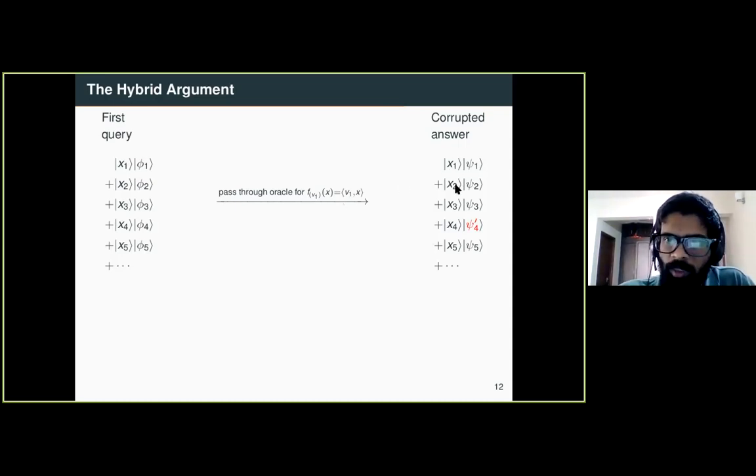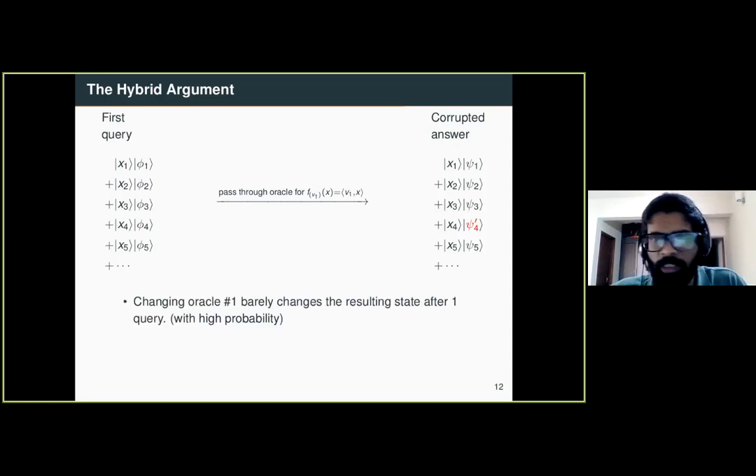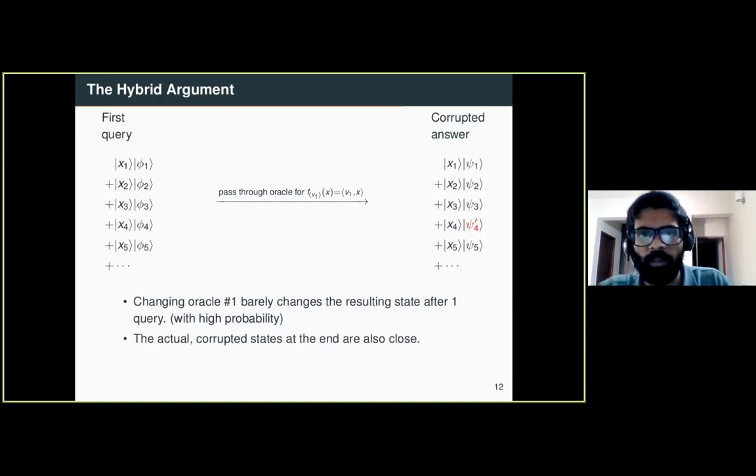So for most of your input points, the answer doesn't change by the fact that you've changed this oracle. There might be a few points where your answer changes, but that's going to be a very small mass of your superposition. So after having changed this oracle, the output states of the oracle are almost the same. So it doesn't matter that you change the oracle is the idea over here.